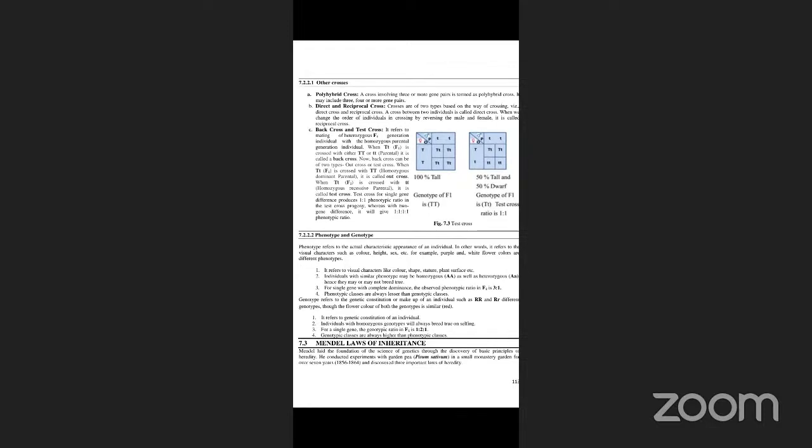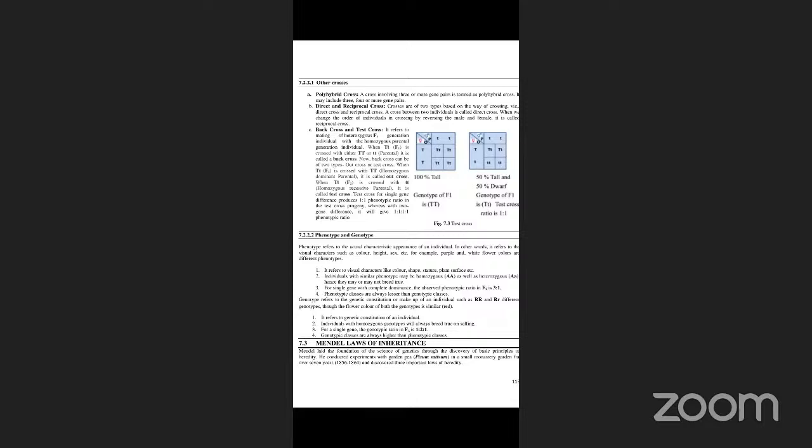And we will have genotypic ratio and phenotypic ratio. I told you what genotypic and phenotypic ratio are. Now, what is a phenotype and genotype? Irrespective of the genotype, suppose you see an individual who has good height, maybe 6 feet.